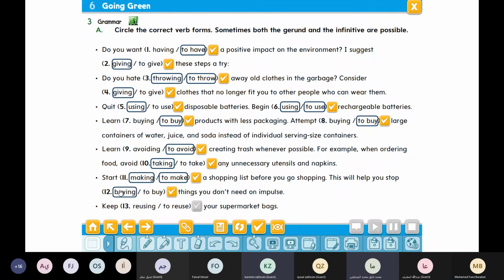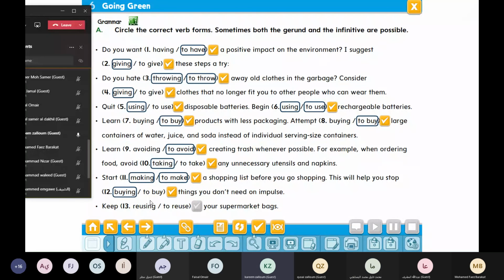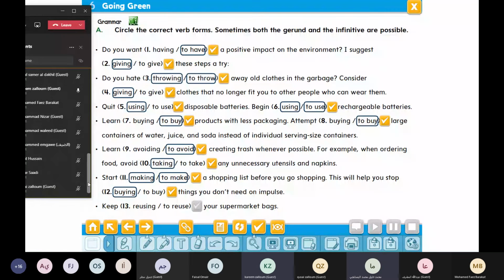The last one, keep. Who wants to read? Nabil, are you here, Nabil? Yes, teacher. Please read. Keep reusing your supermarket bags. Very good.